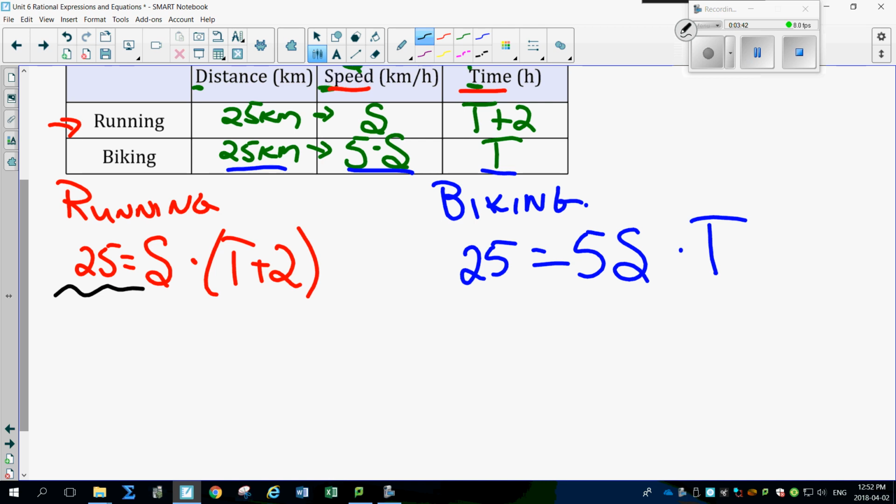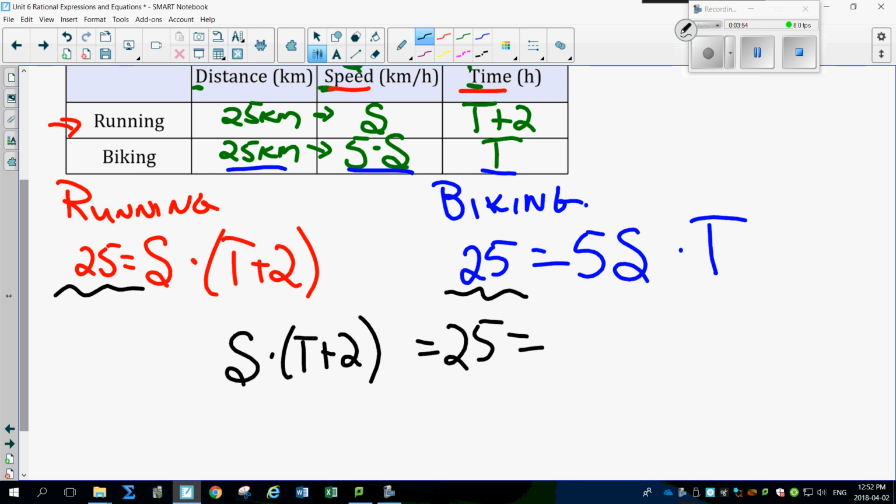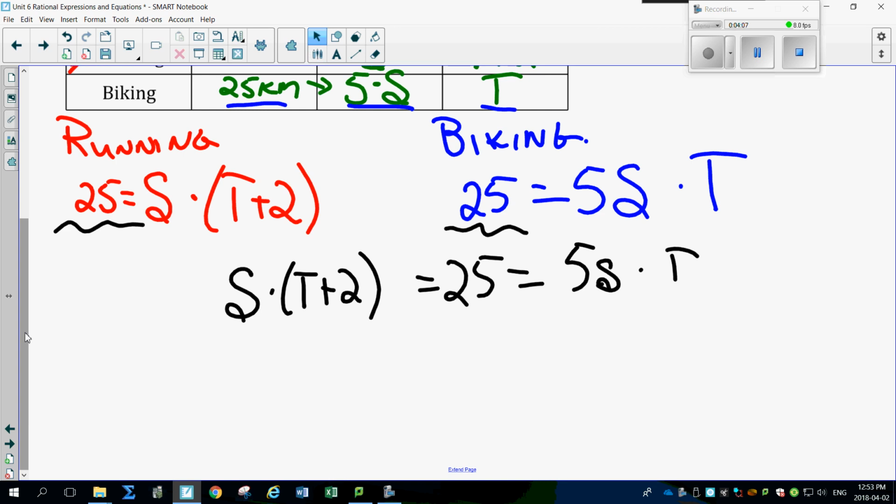Well, the distance is 25 here, the distance is 25 here. So in other words, this guy here, for running, S times (T plus 2) equals 25. Well, so does the biking at 5S times T, right? It's the same distance. You're going 25. So in other words, they're exactly the same. So let them equal to each other.